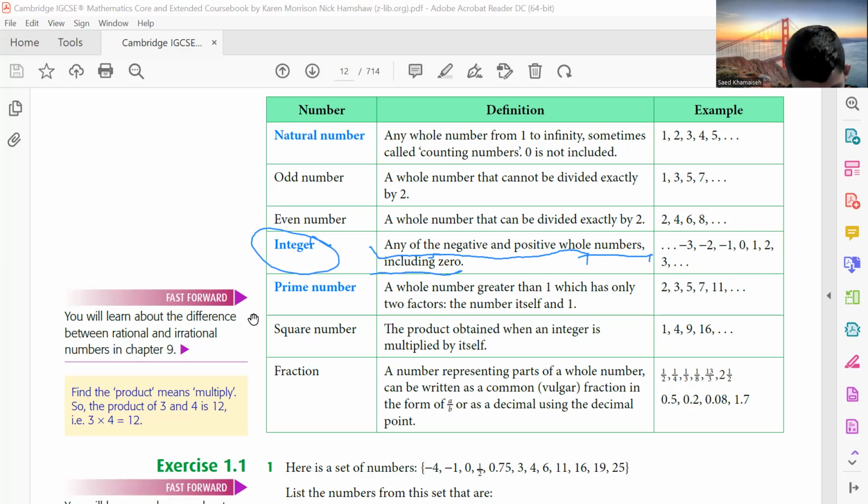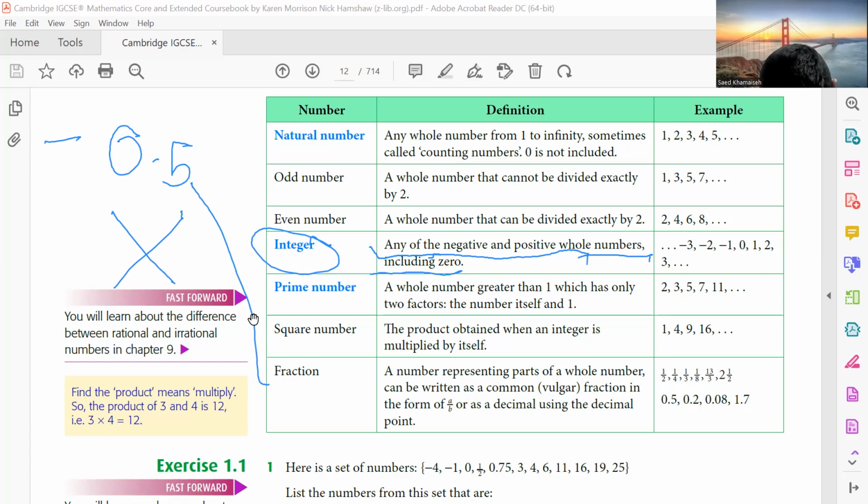If someone said negative 0.5, is it an integer? Very fast you put no. It is a fraction, okay?